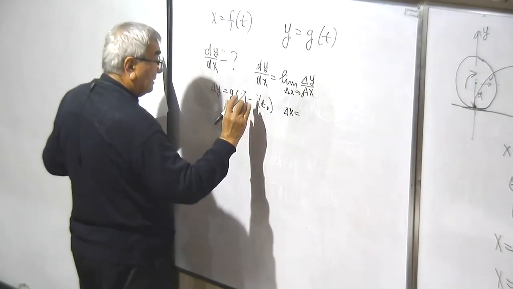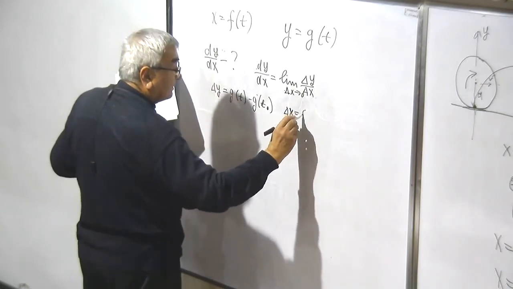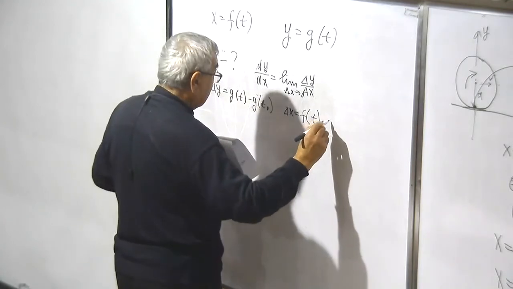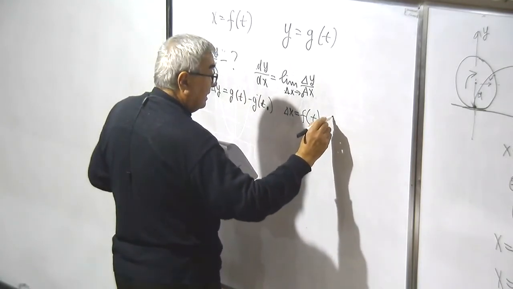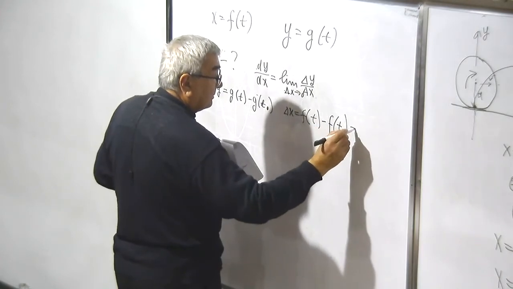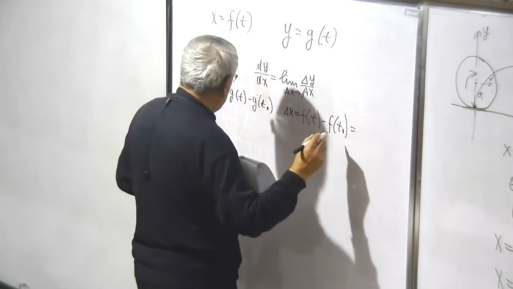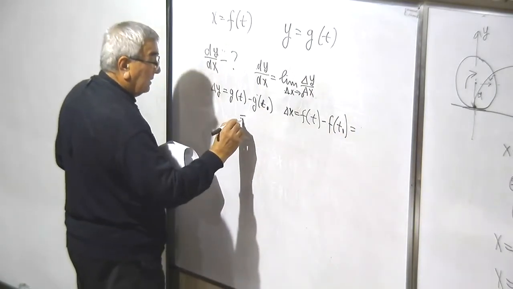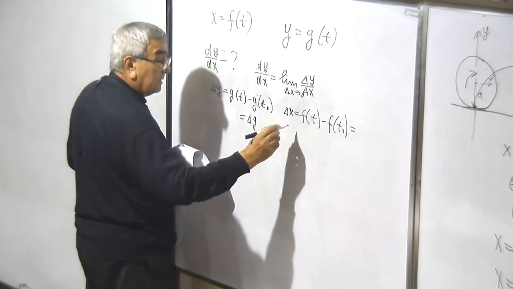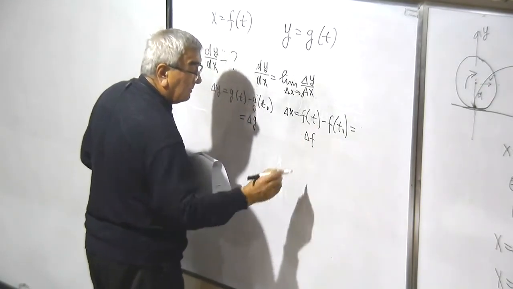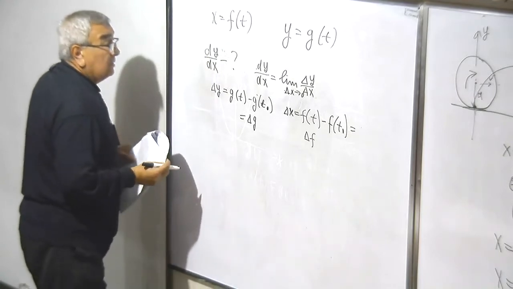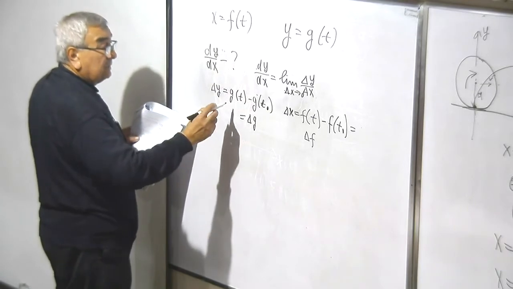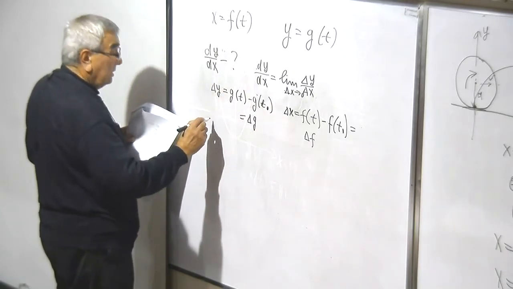This is a g. That this will be g(t) minus g(t0). That means this should be equal to delta g. This should be delta f.